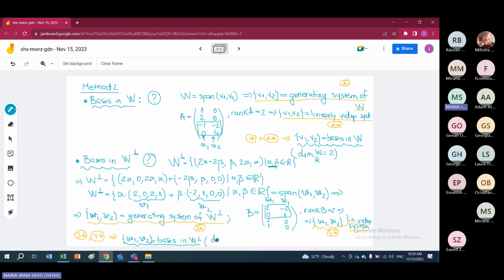And of course, the dimension of the space is 2. Okay. Now we found a basis in W, and we have found a basis in W perpendicular.